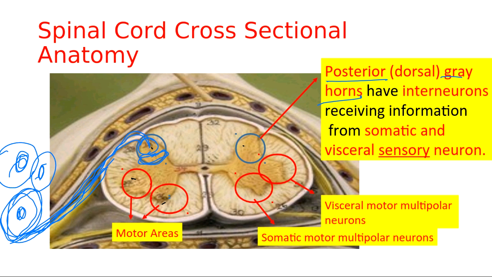In this case, we have multipolar neurons of the ANS cluster in the lateral gray horns, and their axons will leave from the lateral gray horns through the roots making up the motor roots. Somatic motor neurons are going to be clustered in the anterior gray horn, and again, their axons will leave through the anterior roots.